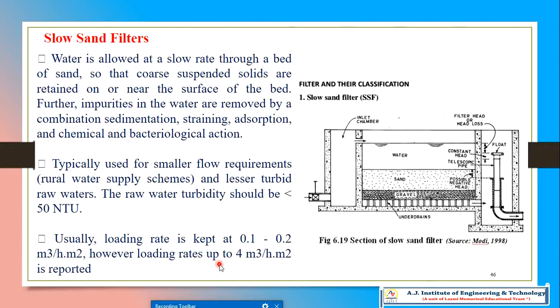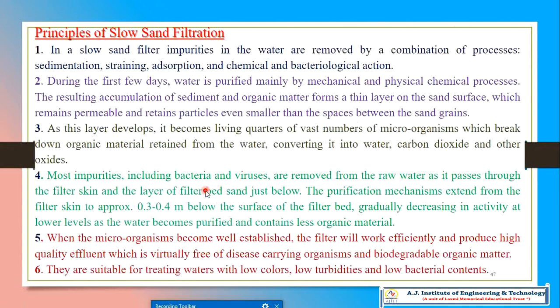However, a loading rate of up to 4 meter cube per hour per meter square is reported in the slow sand filter.